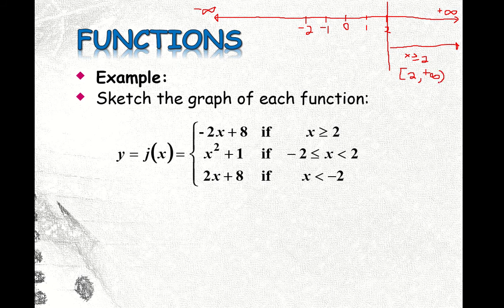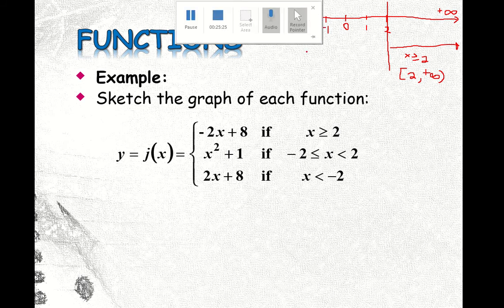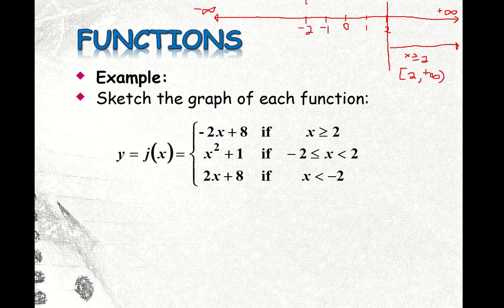Then we have the interval here, -2, meaning x is greater than or equal to -2, but x is less than 2. So in other words, it's the interval between -2 and +2.